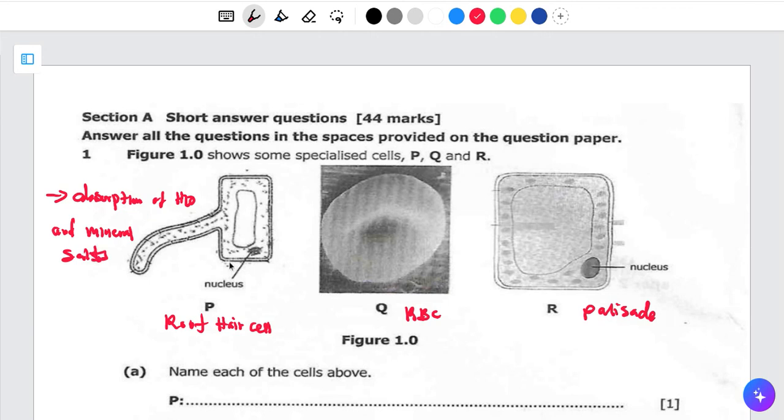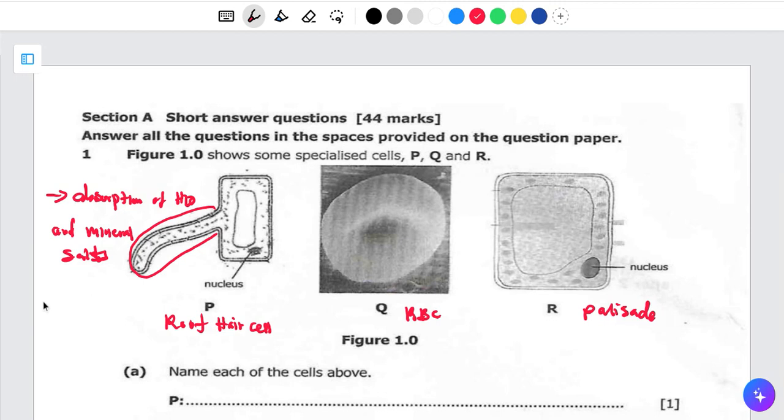Apart from that, we also need to know the adaptation. When you talk of the adaptation, you look at the structure of this root hair cell. What structures does this root hair cell have for it to perform the specific function? In terms of the structures, we have this part here, which is called an elongated outgrowth. This elongated outgrowth creates a large surface area for the absorption of water as well as the mineral salts.